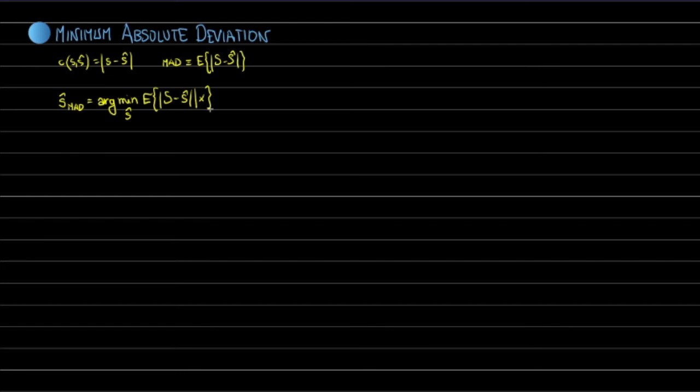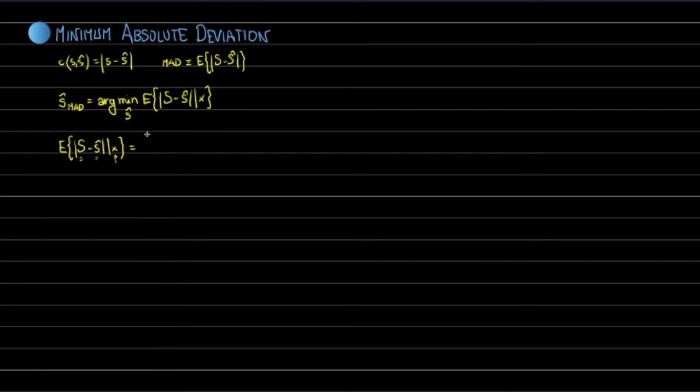Okay? So I will expand this expression just to minimize it, the expected value of the absolute difference between S and S hat given X. This is an expectation over capital S, because S hat is a deterministic function of the observation, and the observation is known.